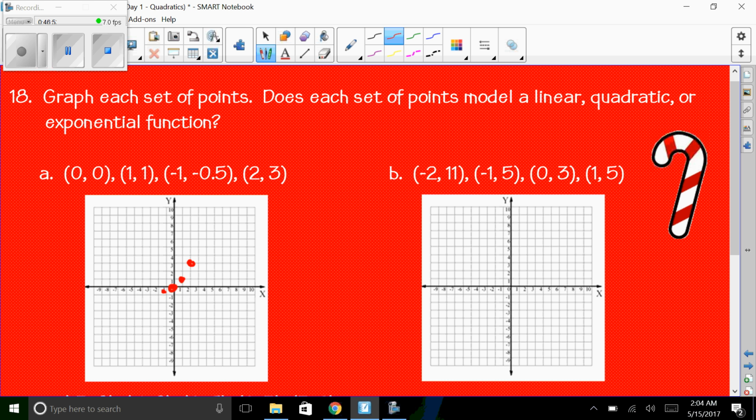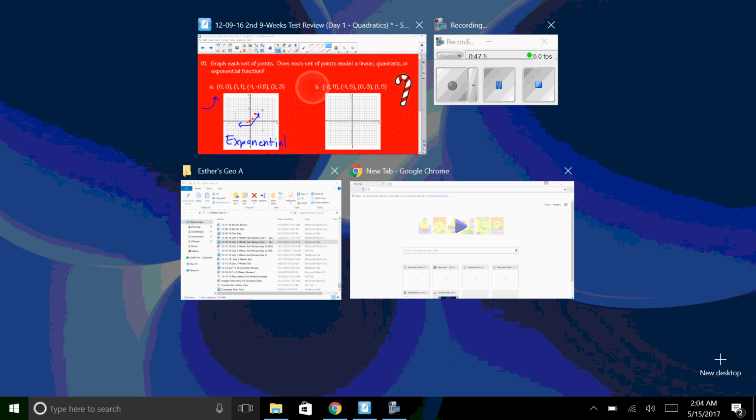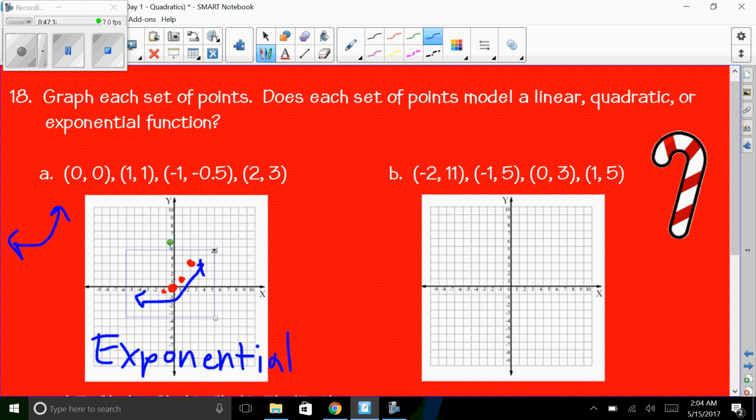So it looks like it's coming down at a steep angle, and it looks like it's starting to flatten out there. So that looks like an exponential function. Alright, and they can either go like that. More than likely, that's what it's gonna be. I don't think I would give you any that are going downward, but that's exponential.